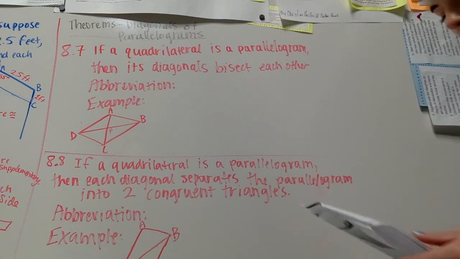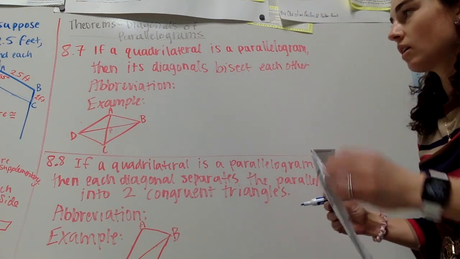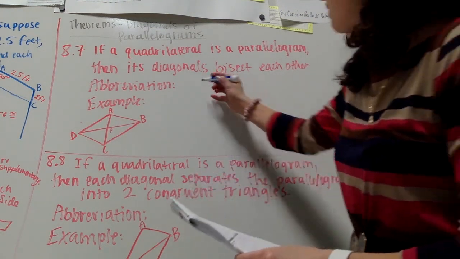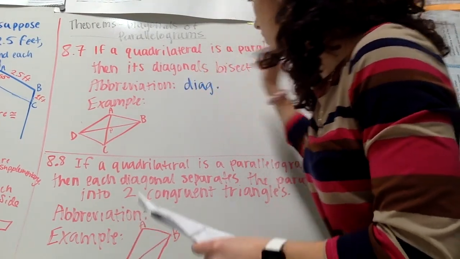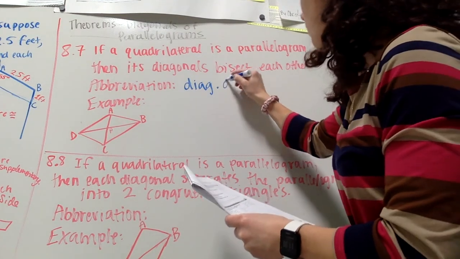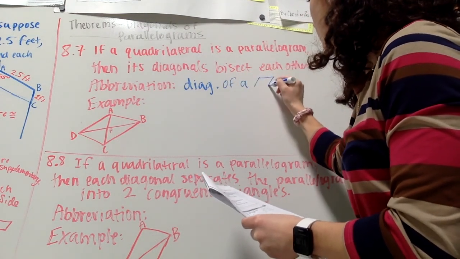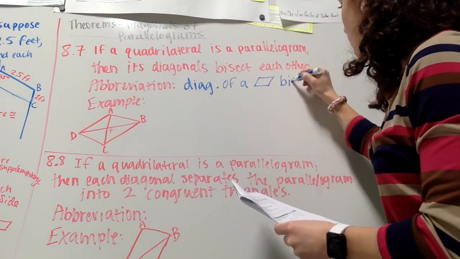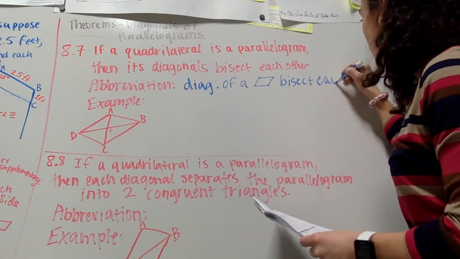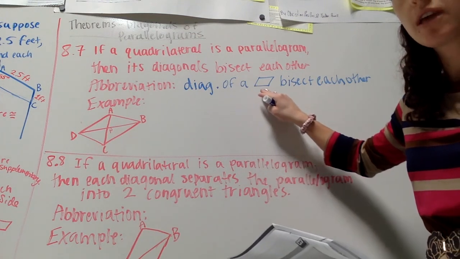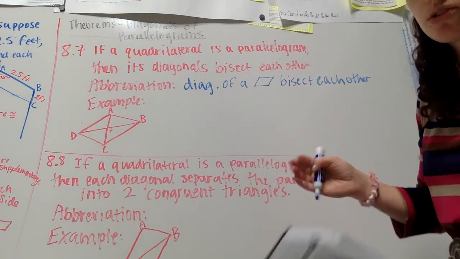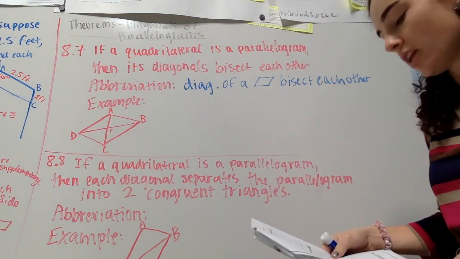Okay, so we're going to abbreviate this: diagonals of a parallelogram bisect each other. So there's not much abbreviating that one, but that's okay.